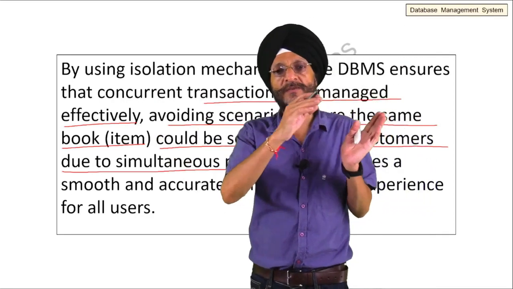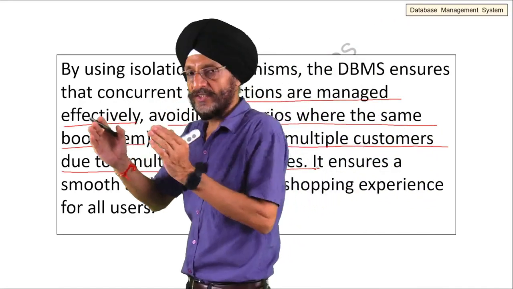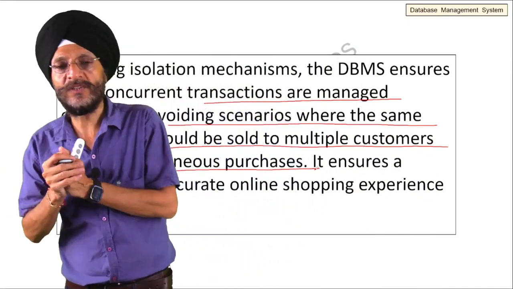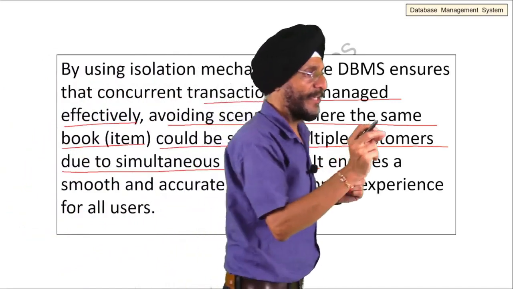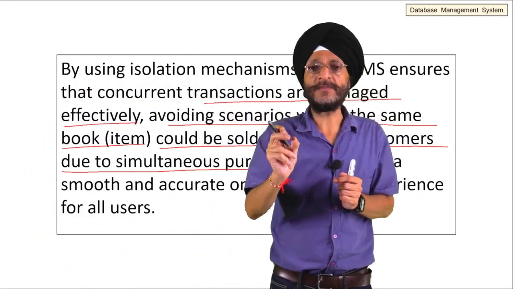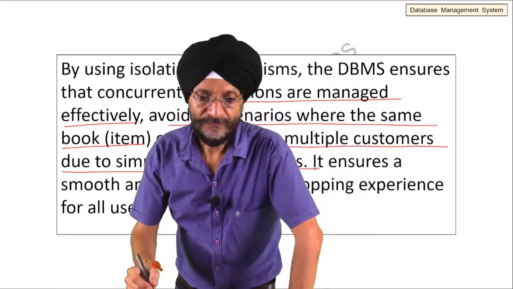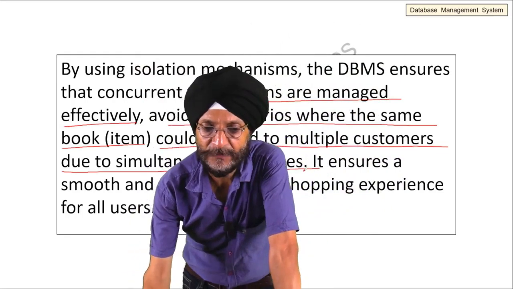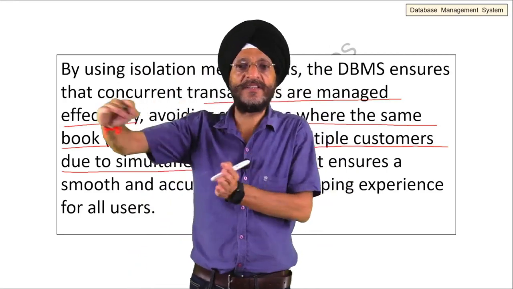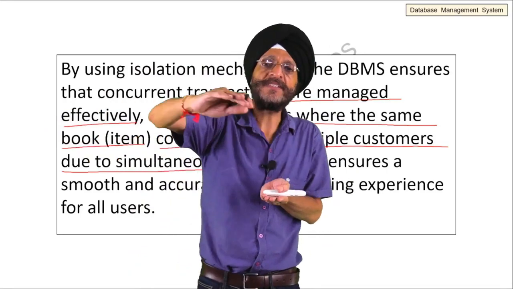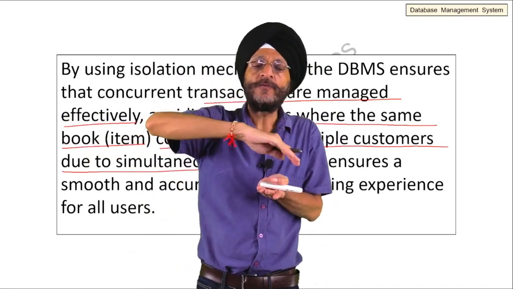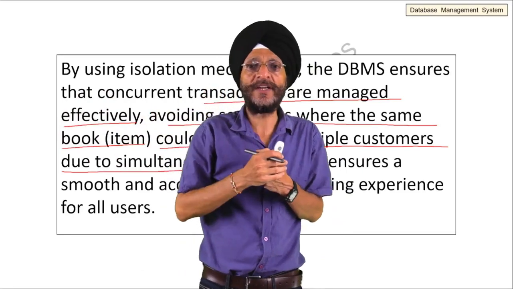If the isolation property of DBMS was not there, then it may be possible that only 10 items might have been sold to, say, 100 customers due to simultaneous purchases. Simultaneous means concurrent transactions, as many persons will be approaching this site for purchase of, say, one particular item.